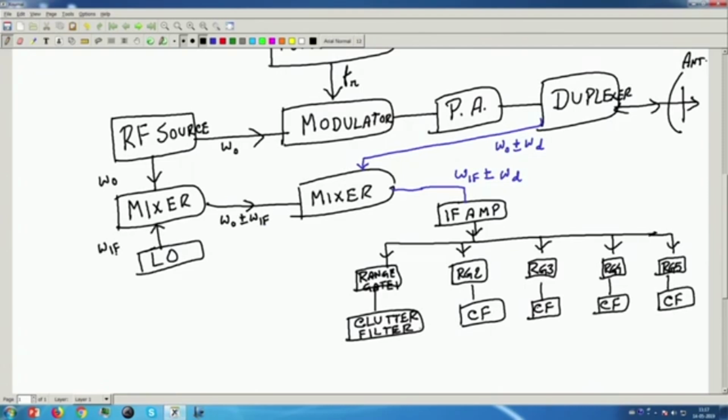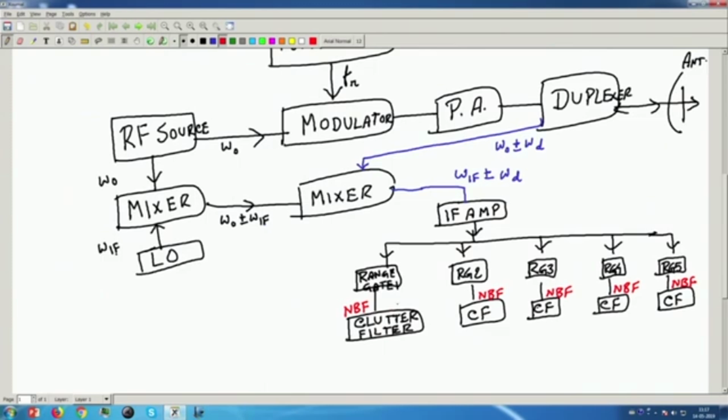Then this clutter filter is also a narrow band filter. I will write that it is a narrow band filter, because now pulse shape is no more important. So, all this can be NBF. Also before this, after range gate there can be a box car generator as was shown earlier, to reveal the pulse.